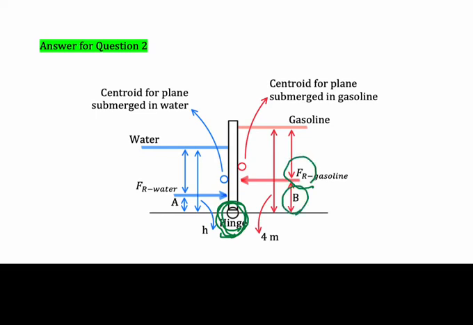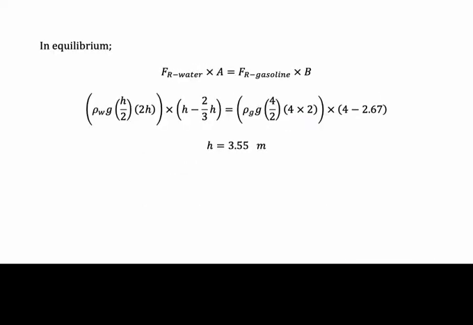So on your left side it will become the resultant force for water times the distance A, and it must be equal to the resultant force for gasoline times the distance B. So we need to know what is the distance of B and A based on our previous calculation. So this is the general equilibrium for rotating moment.